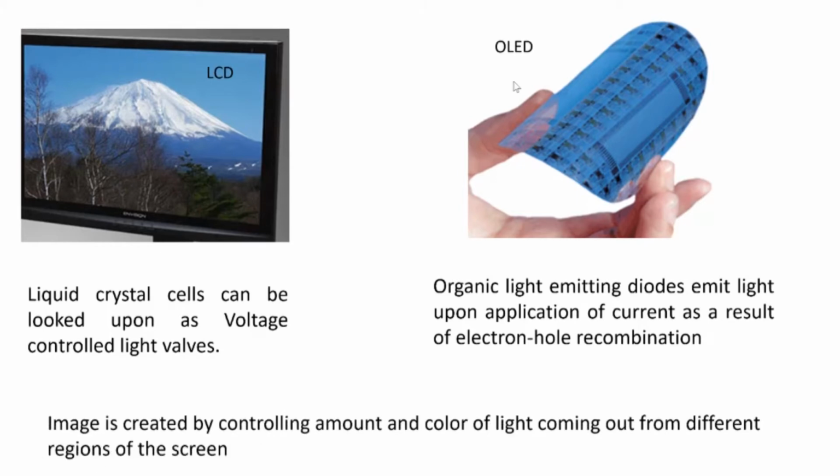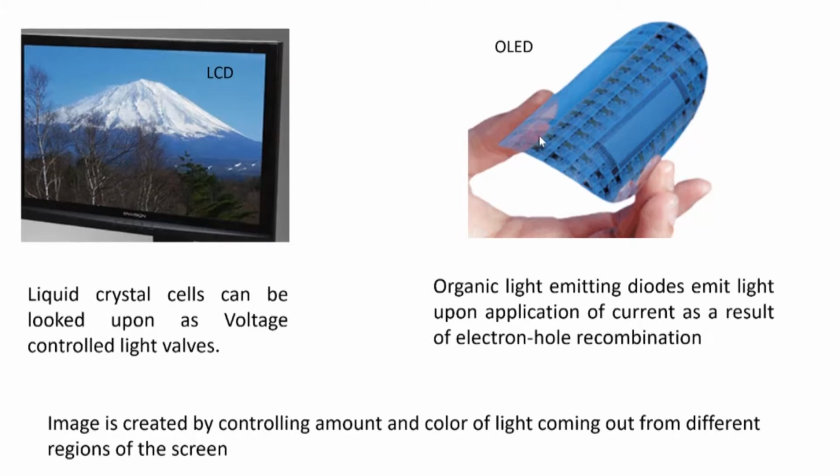And so the image is controlled by controlling the amount and color of light coming out from different regions of the screen. For example, we would have this display filled with lots of light emitting diodes. By altering the amount of current that flows through each diode, you can alter its brightness.